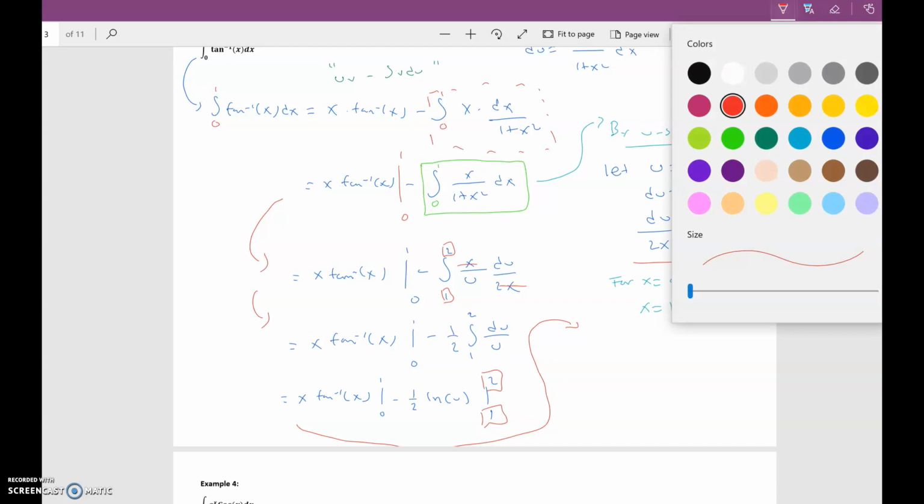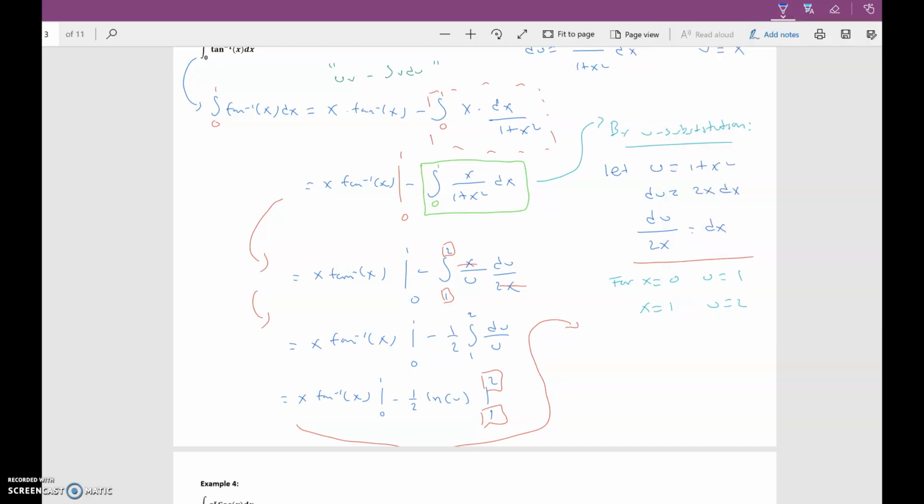Okay, so let me plug in the limits and simplify our answer. As we plug in the first one, you're just going to get 1 tangent inverse of 1. The second portion, minus 0, is going to cancel out.